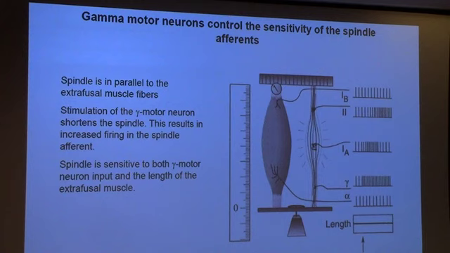At this time, your brain will generate a signal to tell your gamma motor neuron that I don't want my muscle to be too sensitive, I just want it to assist my movement. Then the gamma motor neuron will control the sensitivity of the muscle spindle, so this is a control of your muscle sensitivity from the central nervous system, from your brain.